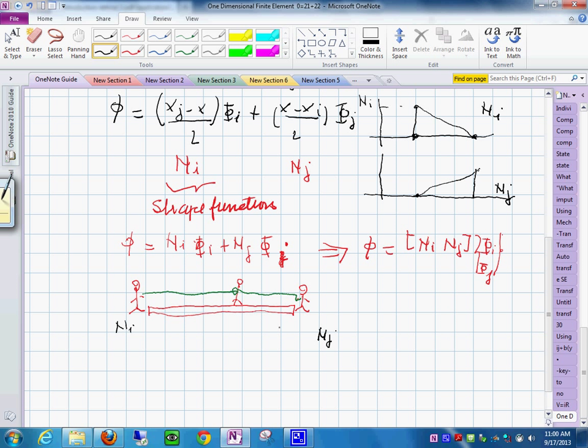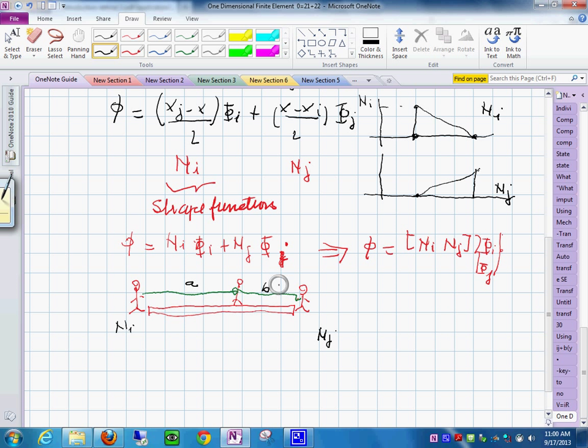Let's say A and B are the distances. If this one pulls harder, the influence is measured by the distance here. In other words, this node is 1, but at the other end is 0. Same thing with this other one.